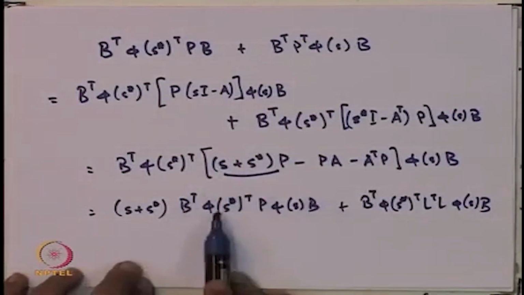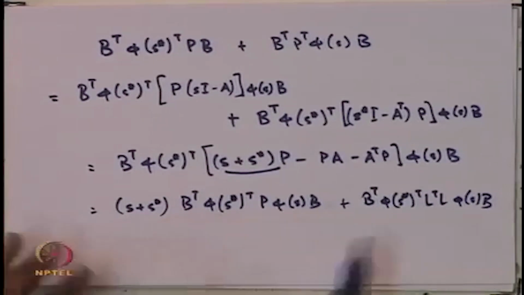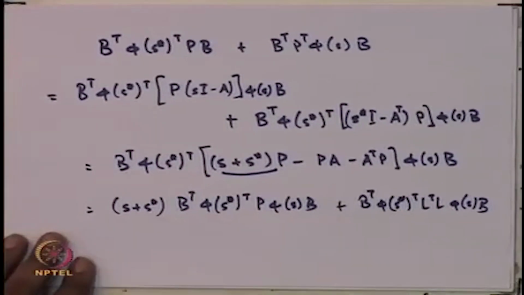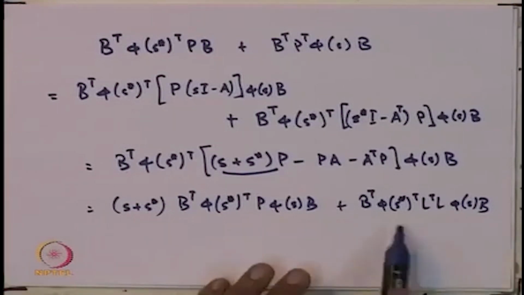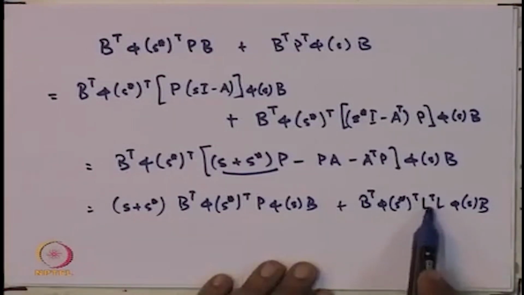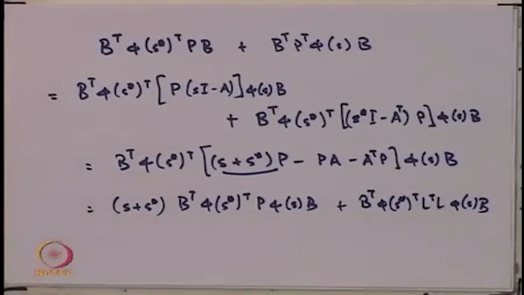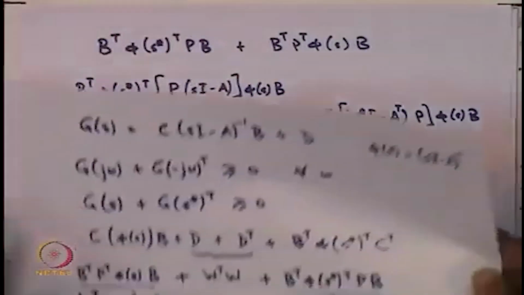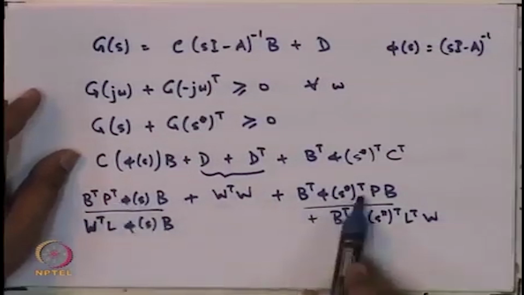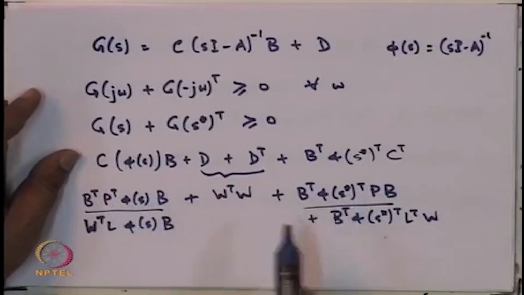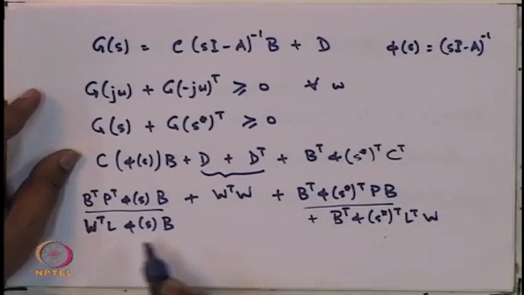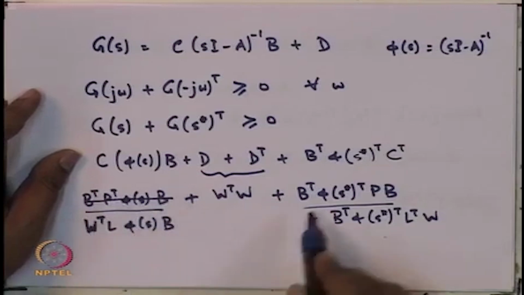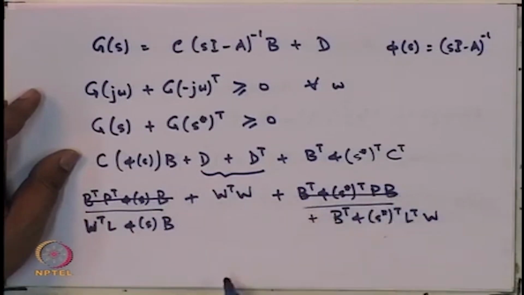This is a term which is symmetric, multiplied by S plus S star, and this is also symmetric, with L transpose L. Now let us go back to the previous step where we had these 5 terms, and we picked up 2 terms and did manipulations. So into this slide I will cancel those 2 terms, and add the 2 terms we have now.